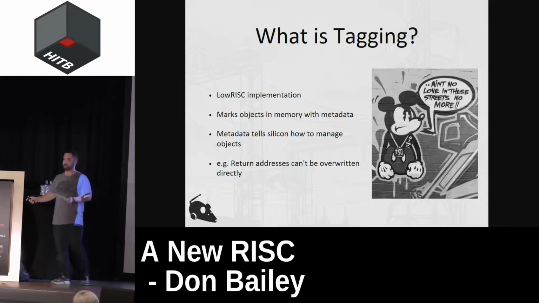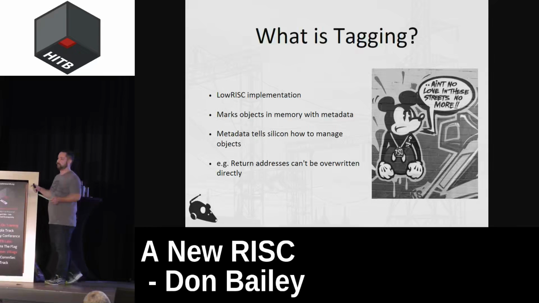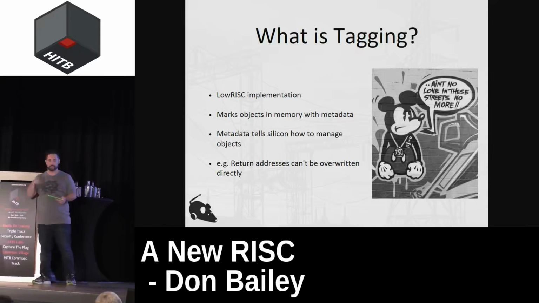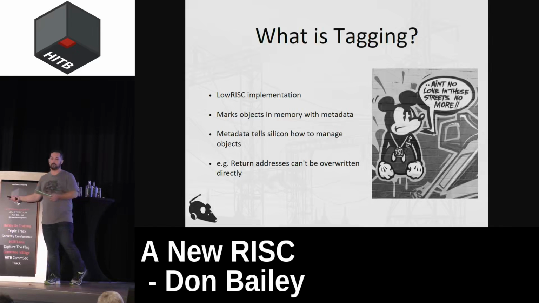So if you're basically trying to store a chunk of 32 bits or 64 bits at a return address's address, it will not let you overwrite it, because the TLB and the MMU itself in silicon will look at the memory data or the metadata and say, oh, this address object in memory is not allowed to be written to by a store. It can only be written to by a call or a branch with return, right?